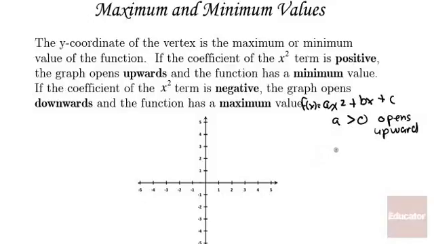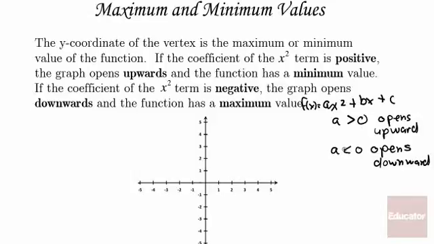If this is a negative value, if a is less than 0, the parabola is going to open downward. So just by looking at the equation I'm given, I'll have a general sense of the shape, whether it opens upward or downward.